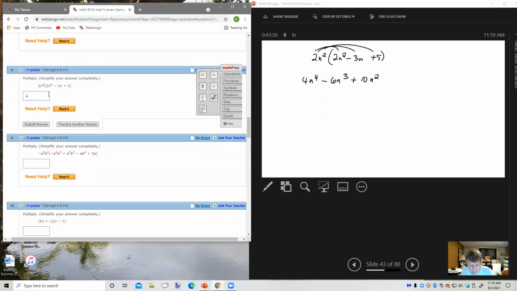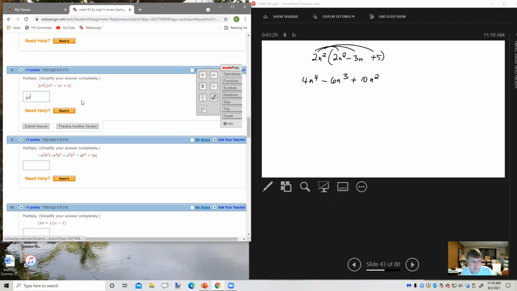So 4n to the 4th minus 6n cubed plus 10n squared.